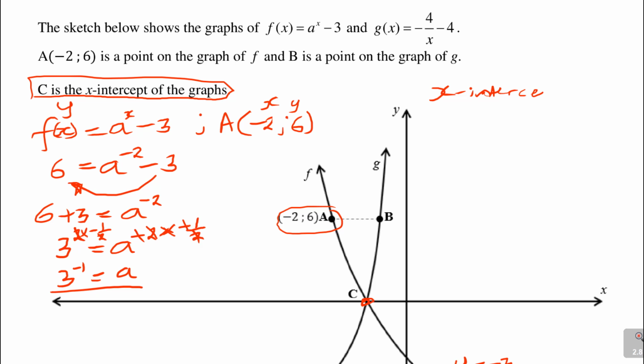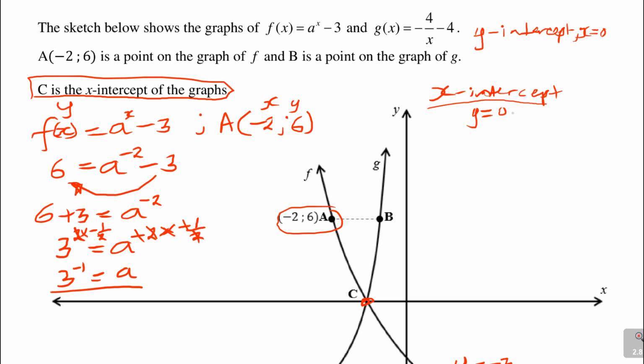When you say x-intercept, you must know y is equal to 0 every time. X-intercept, y is equal to 0, which means if I say y-intercept, what are you going to say? For y-intercept, you must know x is equal to 0. But now we're looking at the x-intercept.